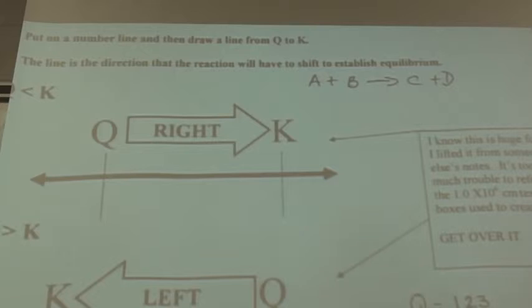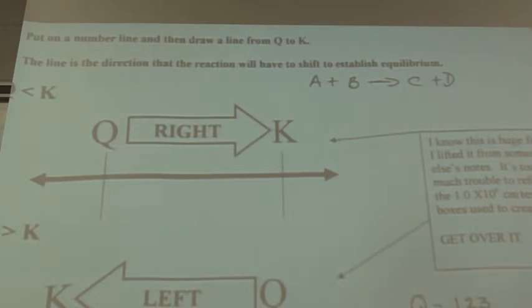All you do is put it on a number line. Look, 456 is over here. That's K. Q is over here. It's 1, 2, 3. In order to reach equilibrium, it will have to shift to the right.